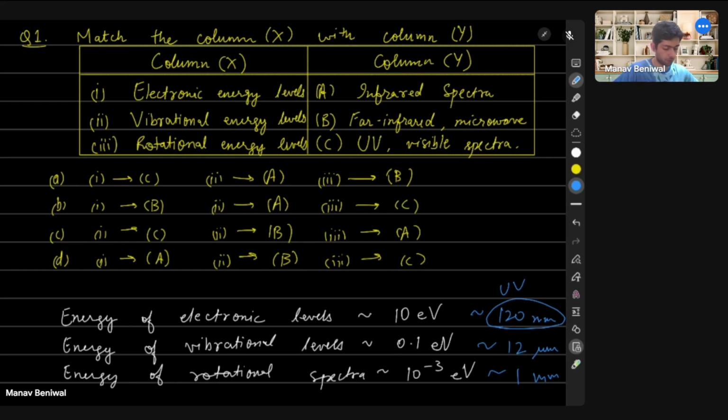So for electronic energy levels, we have UV and visible spectra, which means we can eliminate option B and option D, because first will be C.